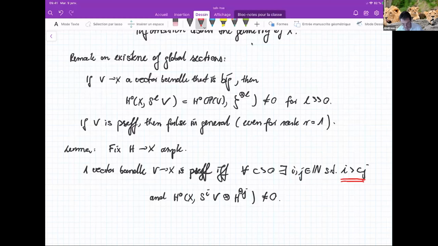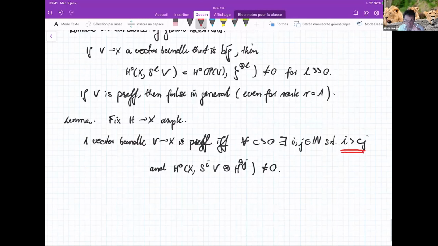because it's very hard to check something like this in practice. Therefore, although we know that in general being pseudo-effective does not tell you that you will have global sections even for symmetric powers, we would like to ask, maybe conjecture, that for the cotangent bundle things are better. I mean, this certainly would make life much nicer and easier.